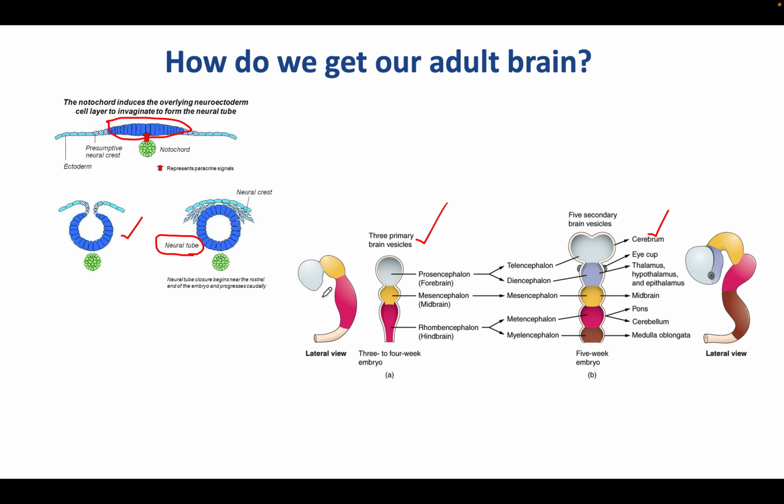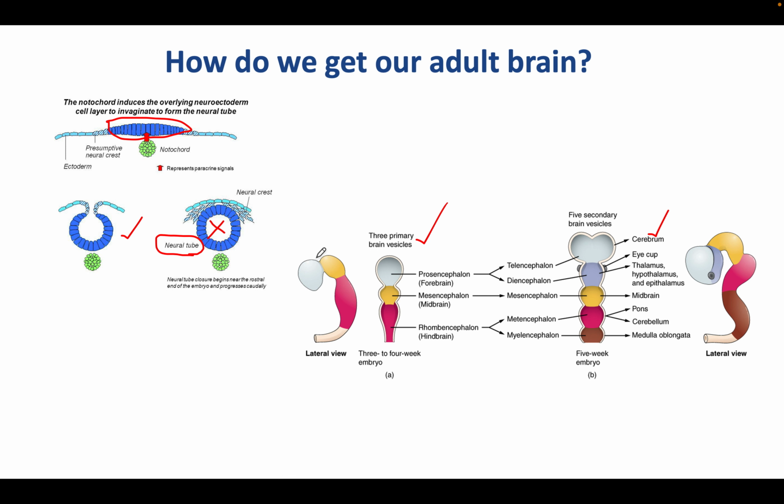So we ultimately give rise to our adult brain structures, starting with this circular neural tube. Now, you can see this neural tube is open in the middle, right? So it is hollow. We actually retain this opening in our brain as something called the ventricles, or the ventricular system of the brain.